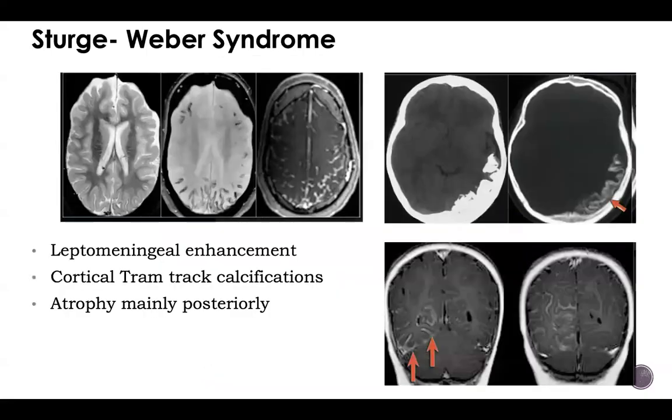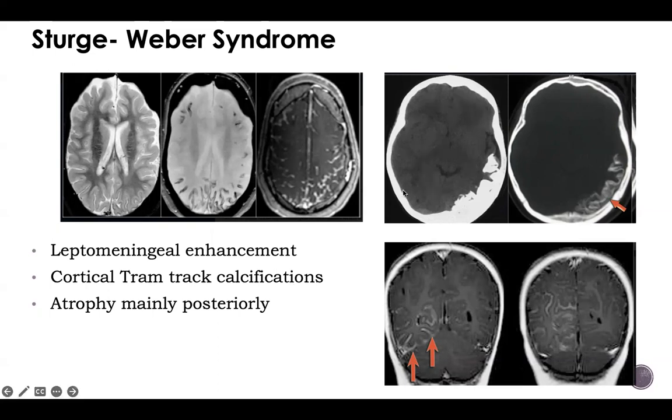Subependymal giant cell tumor is a tumor that is associated with this condition within the ventricles, and white matter abnormalities can also be seen. Sturge-Weber syndrome is a condition in which there is a typical cortical tram-track calcification of the affected area, which is very well appreciated in plain CT scans.